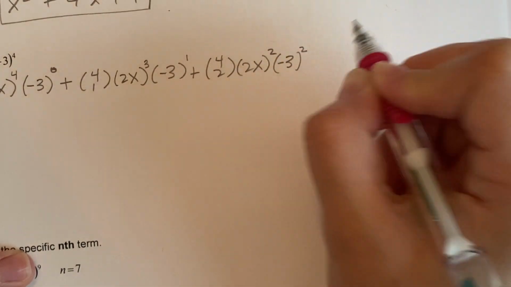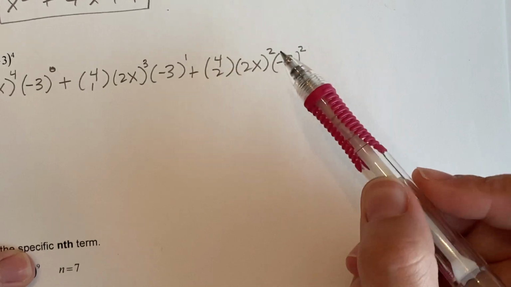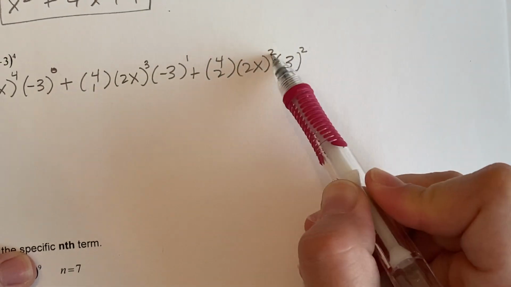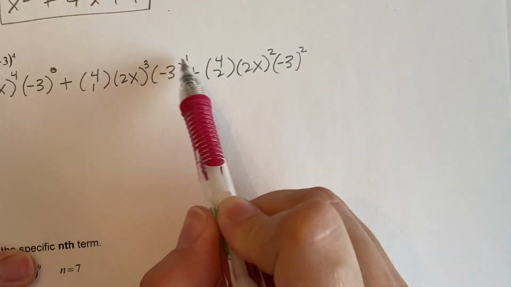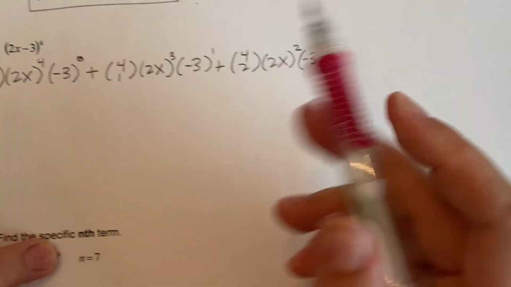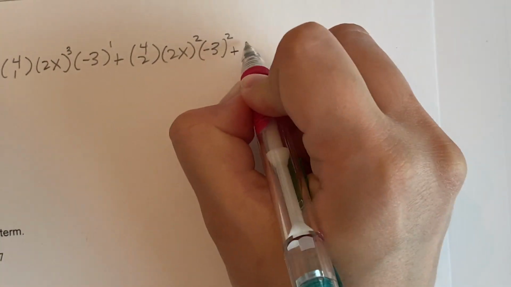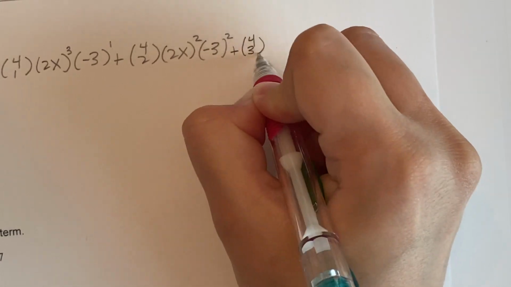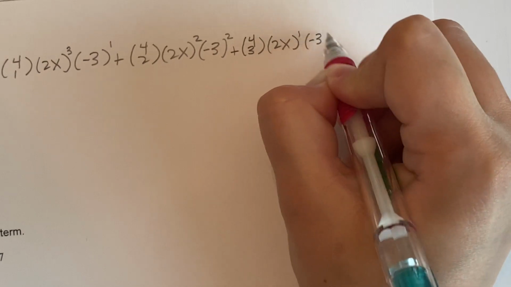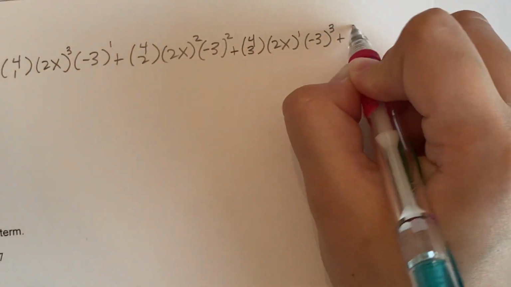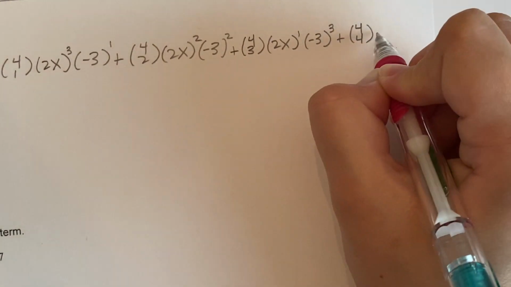This increases. Another thing to notice to kind of check your work is these two exponents should always add up to that top number. So 2 plus 2 is 4. 3 plus 1 is 4. 4 plus 0 is 4. Plus 4, 3. Last one is 4, 4.